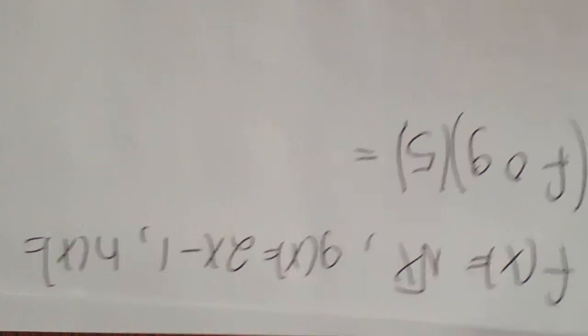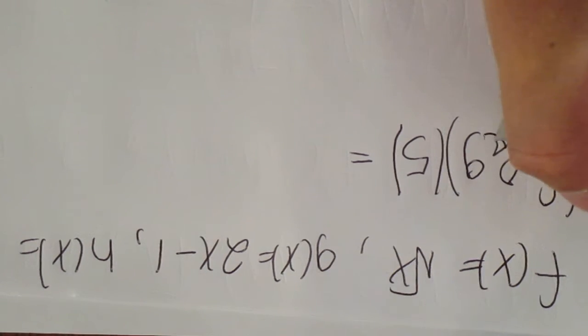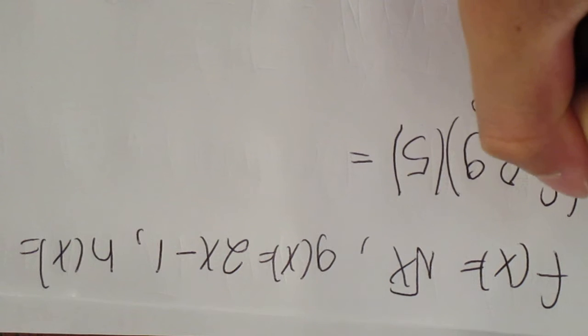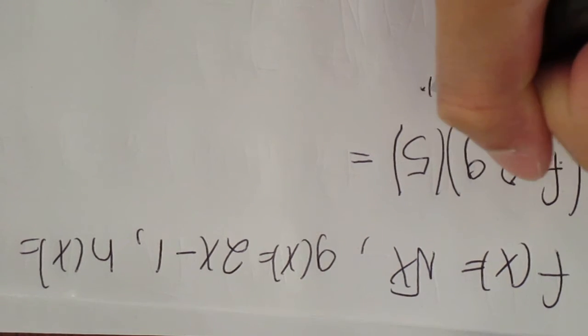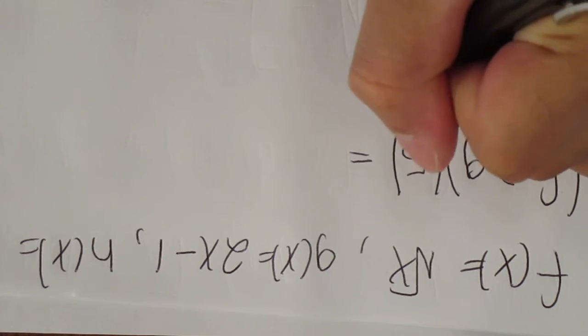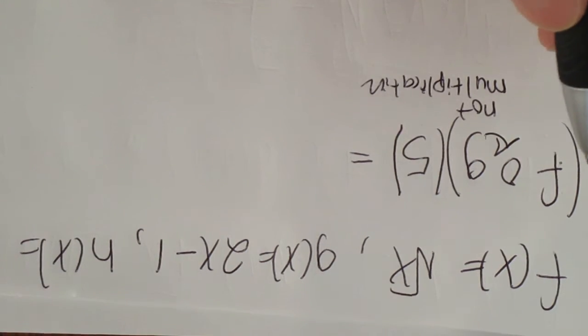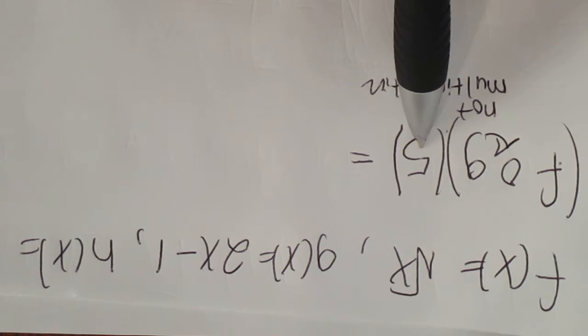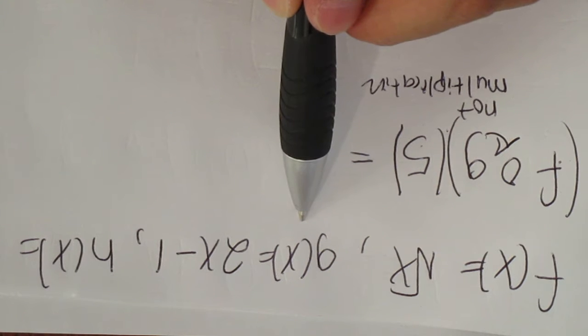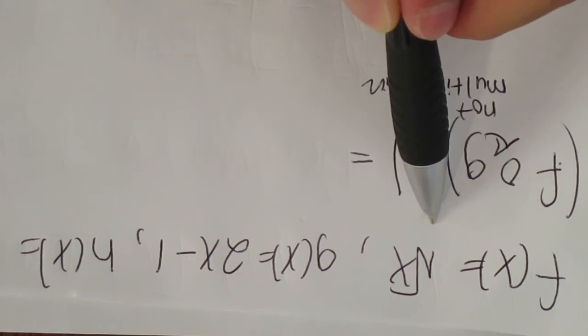So if you remember, this is not multiplication. What they're asking is, they're putting 5 into the function g of x, and whatever that answer is, you put that in the function of f.